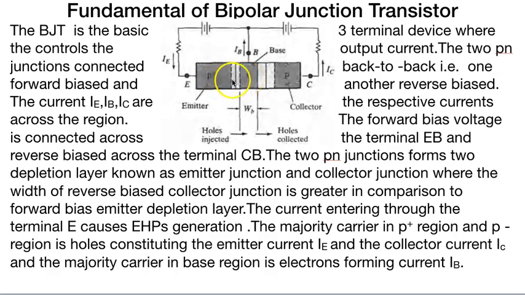minority charge carriers can pass through this depletion region. They are the majority charge carriers in p-type, but in n-type they are the minority charge carriers. And being minority charge carriers in n-type, they can easily cross the depletion region.